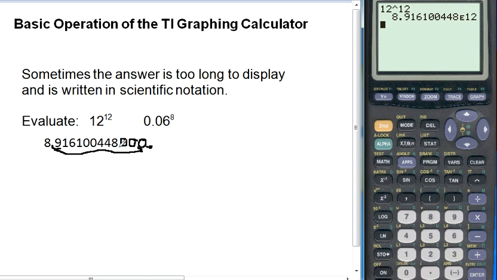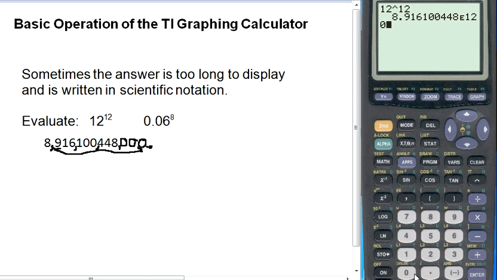So this is a pretty big number. And then we fill in with commas. We've got thousands, millions, billions. We've actually got trillions here. 8,916,100,448,000.